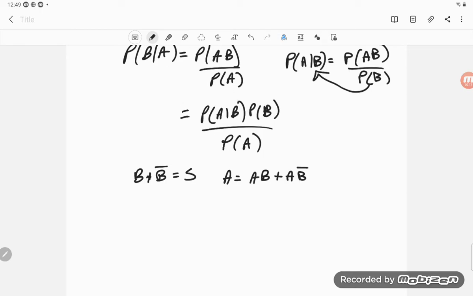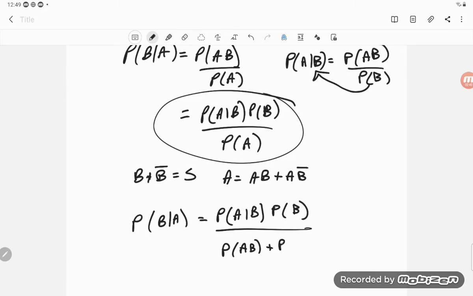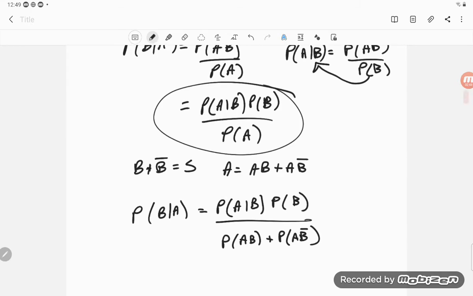And so with this thing up here that we had, now I could write P of B given A is P of A given B times P of B over P of AB plus P of A B bar, or B complement.